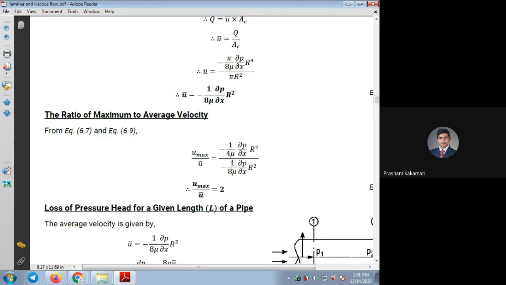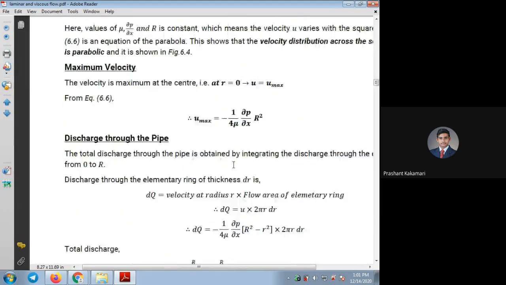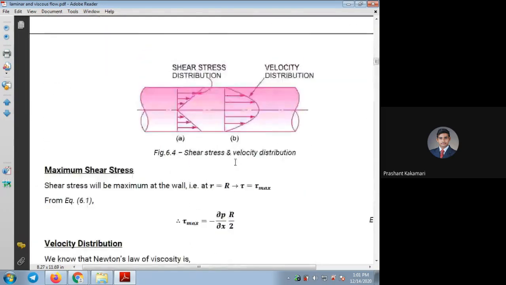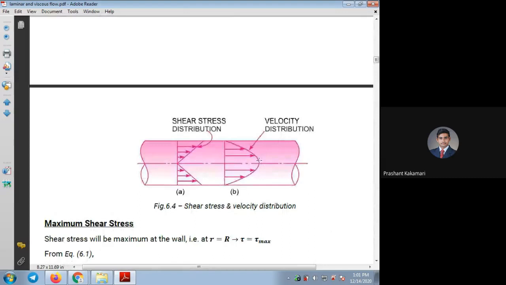Is that clear? So, going back to this sketch of the image, if the maximum velocity is known, the average velocity will be how much? It will be 1 by 2 times. I hope you are understanding. Half of the maximum velocity will be the average velocity.